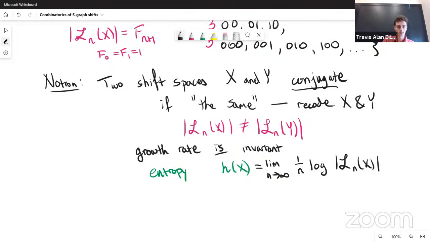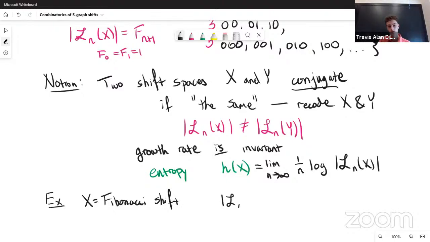So as an example, if x is this Fibonacci shift, then we know that the number of words of length n is f of n plus 1, which, if I recall correctly, has an asymptotic formula.